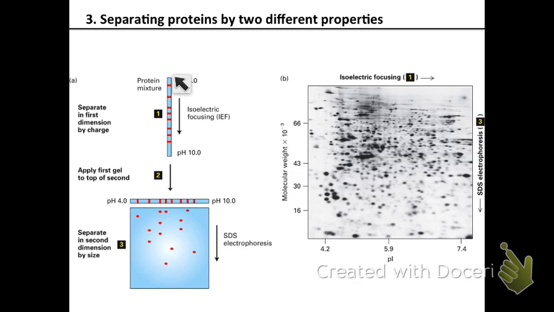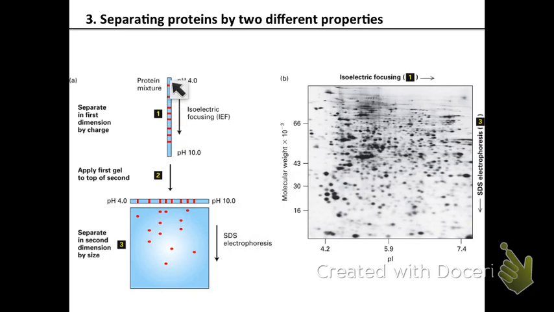So here's how this is done. In the first dimension, you put your protein mixture above a matrix, like a gel matrix or whatever property you want to separate them with.